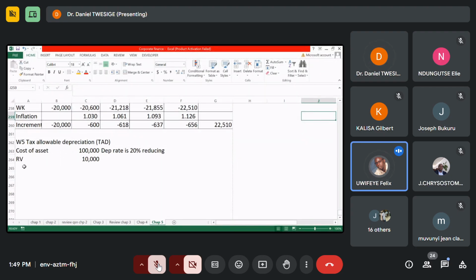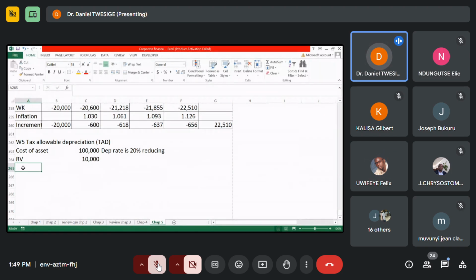Now, we are going to calculate our depreciation on reducing balance, the normal way. So year 1, this is the period. This one is the depreciation. This is the net book value of the asset.